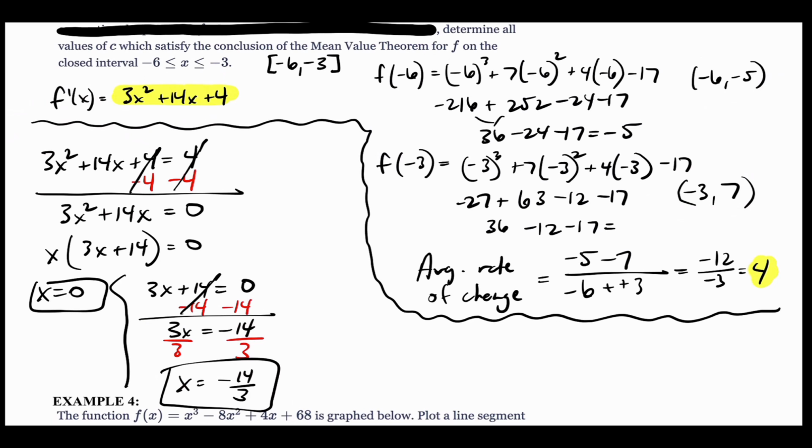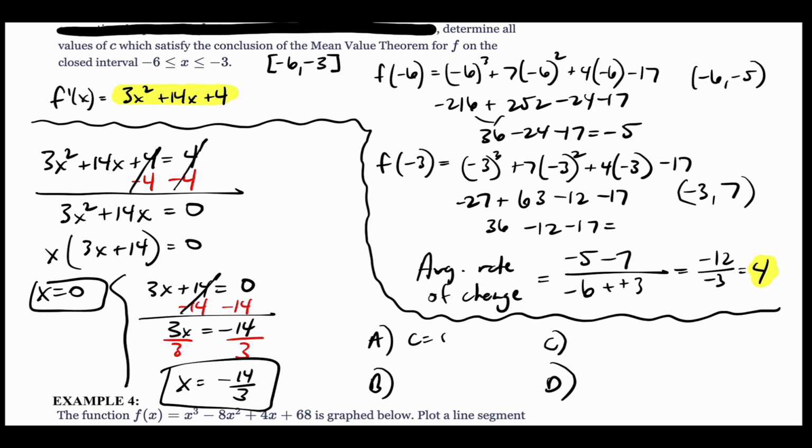On a test, I could ask the same question, and I would say A, B, C, and D. Multiple choice. A: C equals 0 and negative 14 thirds. B: C equals 0. C: C equals negative 14 thirds.